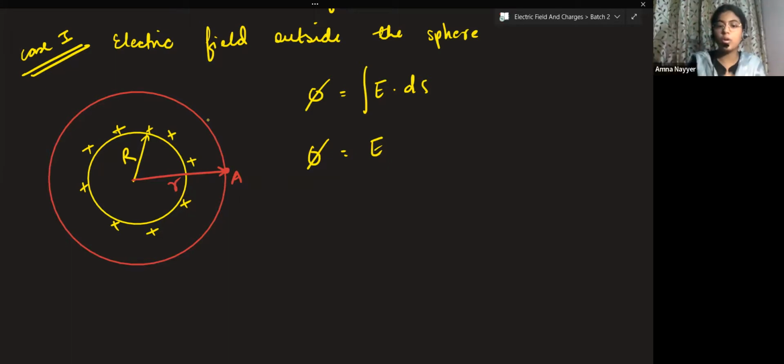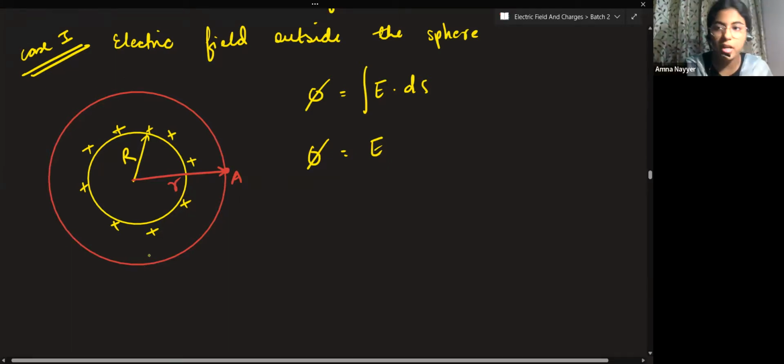Now this is your Gaussian surface. This is your sphere. So if the radius is small r and this is a sphere, then your surface area will be 4 pi small r square. This will be the surface area because of the Gaussian sphere.